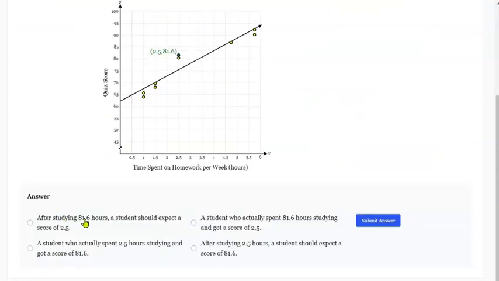After studying 81.6 hours, nope, that can't be right because 81.6 was the test score. A student who actually spent 2.5 hours studying and got a score of 81.6. All right, let's look at this phrase here. Actually spent 2.5 hours. So only the yellow dots are the actual numbers.